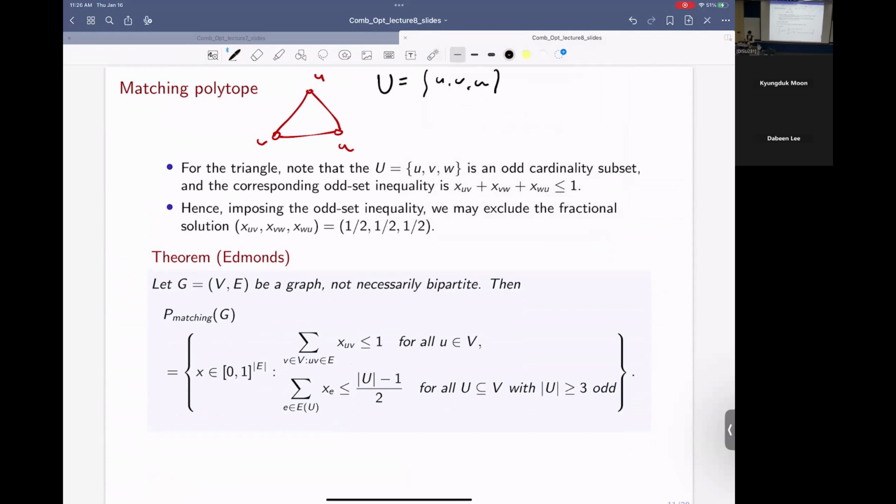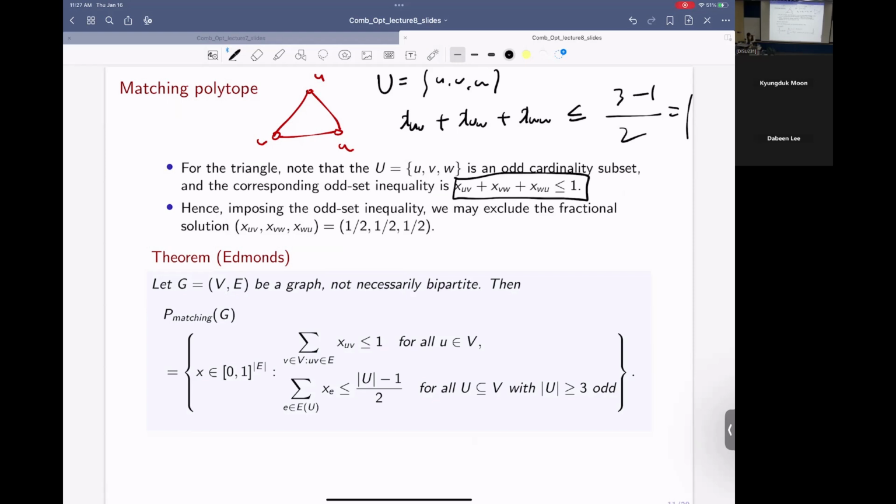We take all three vertices for this odd set. Then the corresponding odd set inequality is x_uv plus x_vw plus x_wu, because all three edges are fully contained in this set. So at most, U has size 3, and you subtract 1 from it and divide it by 2, that has value 1. So this inequality is the corresponding odd set inequality, right?